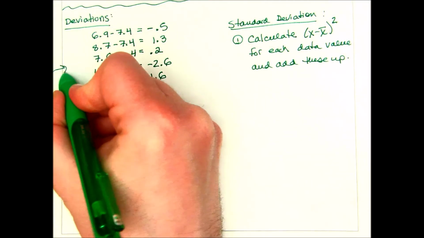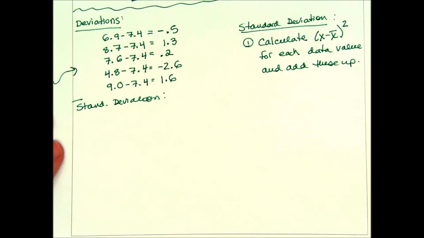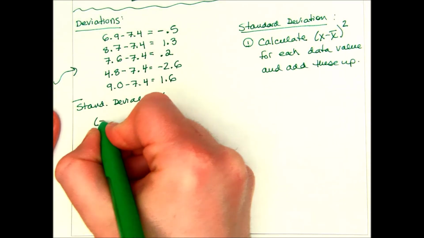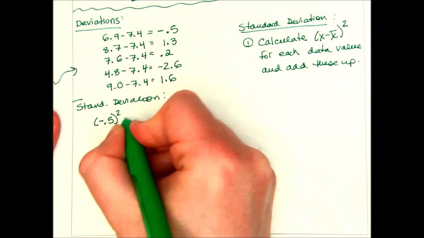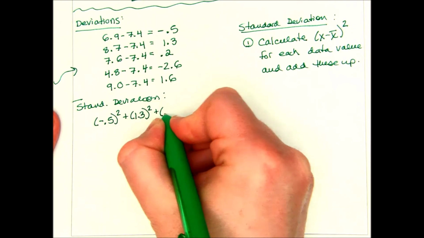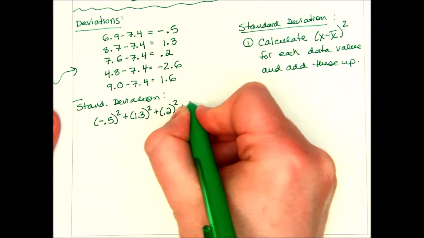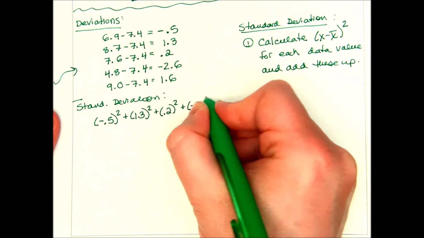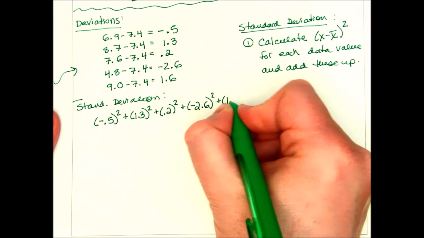Well, all of these things over here that I already calculated were my x minus x bars. So I need to do negative 0.5 squared plus 1.3 squared plus 0.2 squared plus negative 2.6 squared plus 1.6 squared.